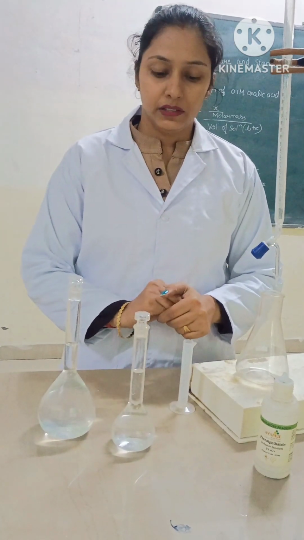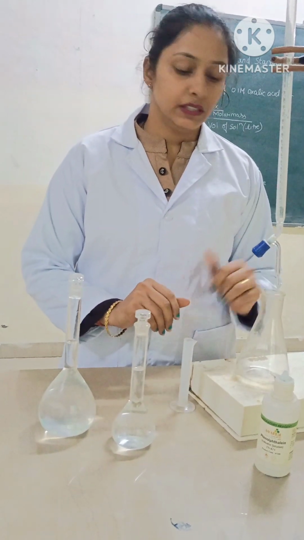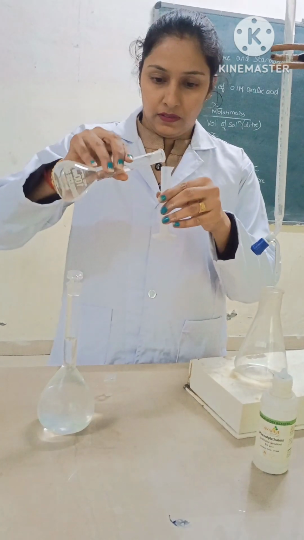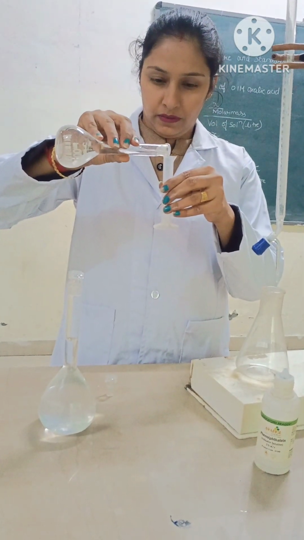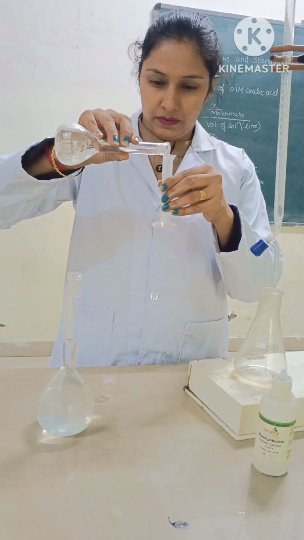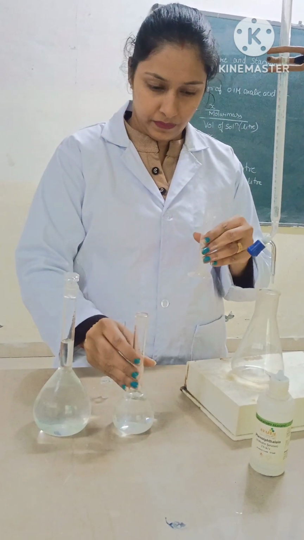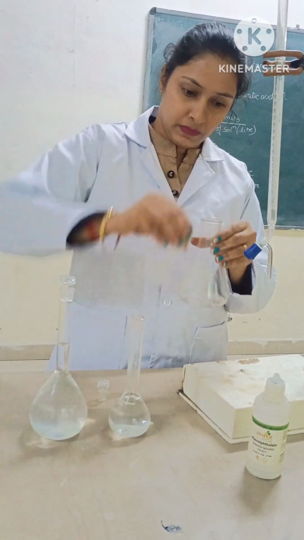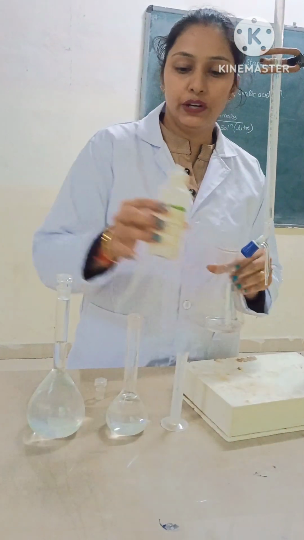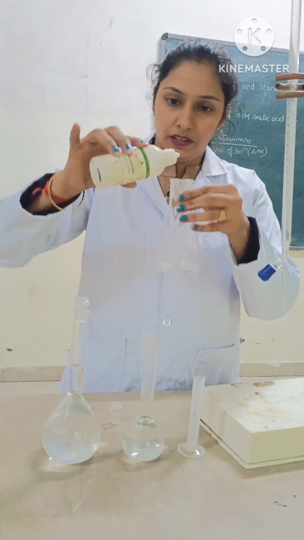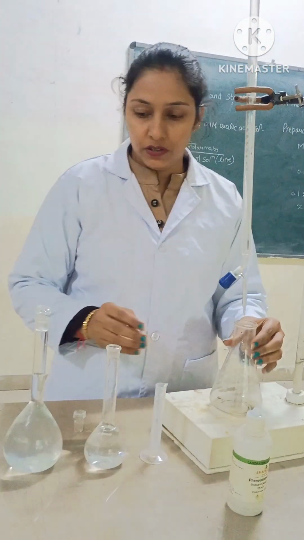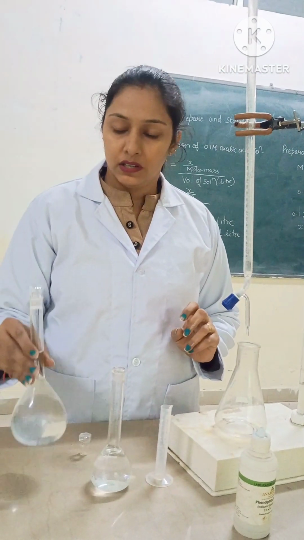Now we will take 10 ml of oxalic acid in our conical flask. Now we will add 1 drop of this phenolphthalein indicator in this, and we will put this sodium hydroxide in the burette.